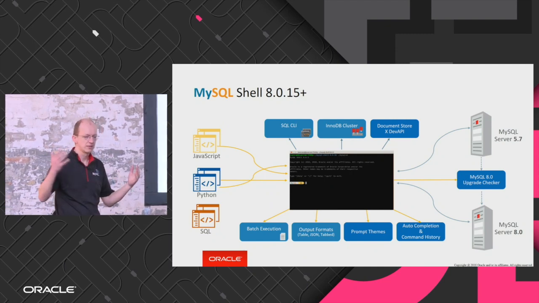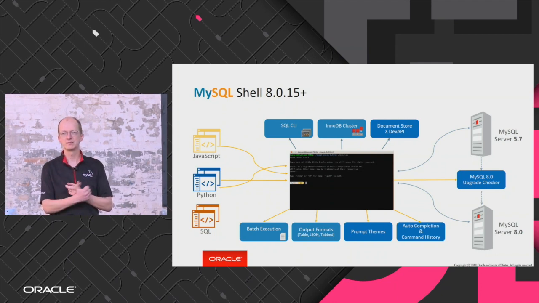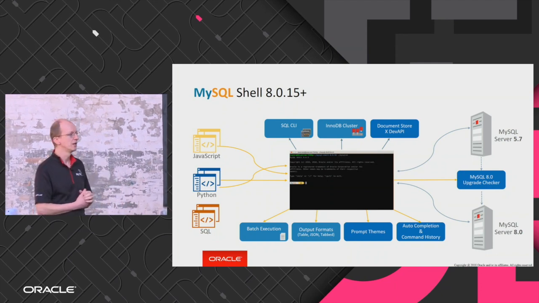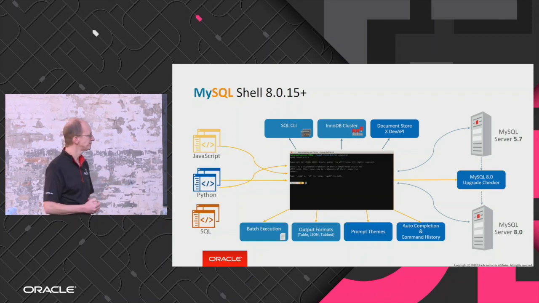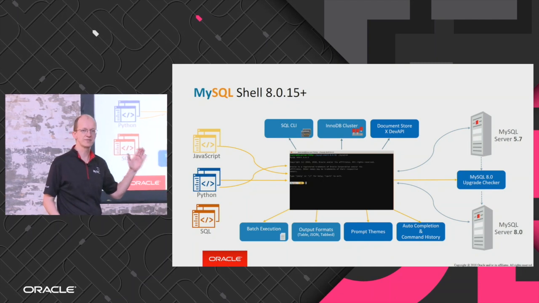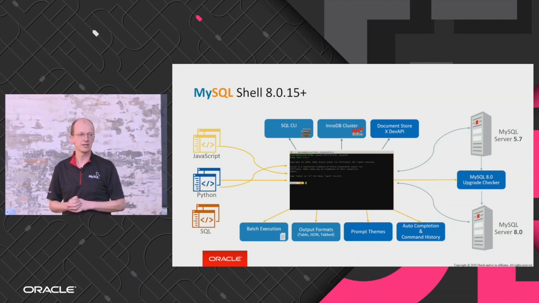So it will check the obvious things, for example, like did you use any names that became reserved names in MySQL 8, or any other changes. So it's a very good test of an existing 5.7 instance. What do I need to consider when I want to upgrade this to MySQL 8?